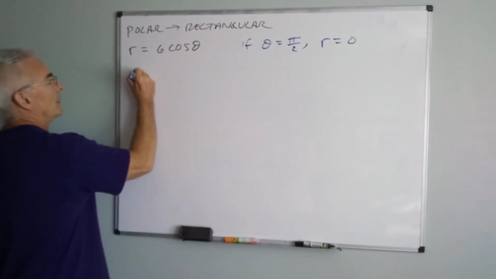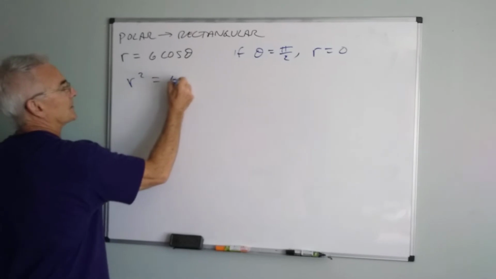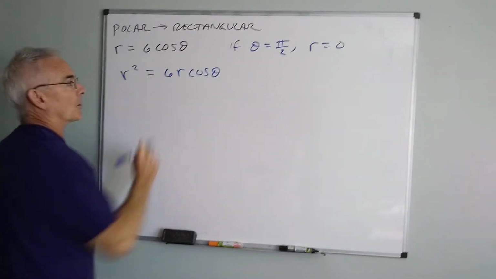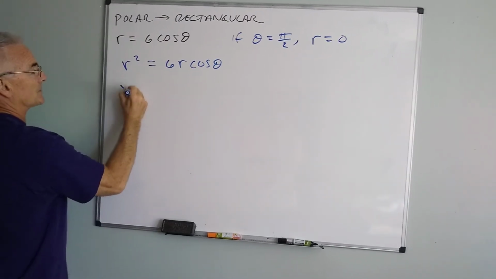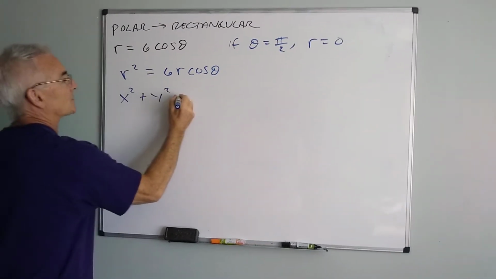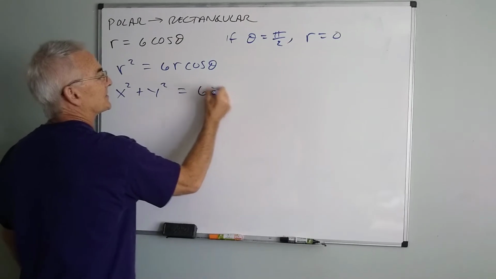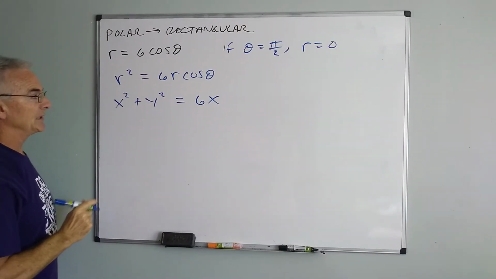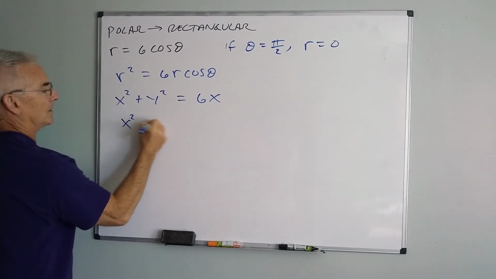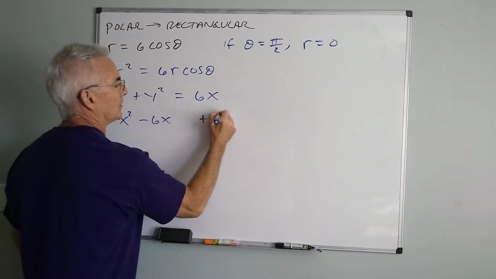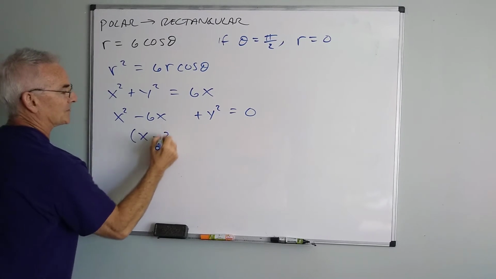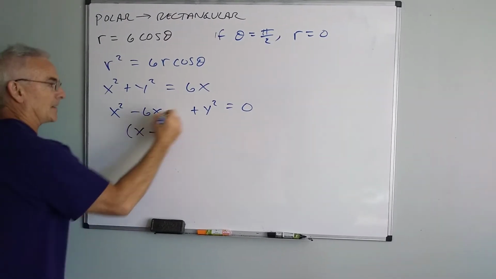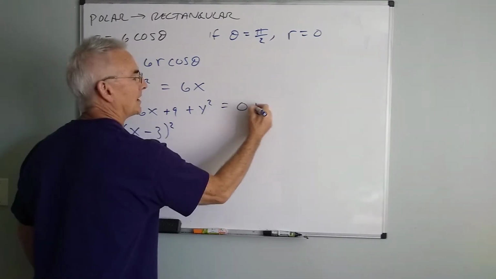In doing so, I'll get r squared equals 6r cos theta, which now makes this simple to substitute. So I would get x squared plus y squared equals 6 times x. And now if we complete the square, we'll get x squared minus 6x plus y squared equals 0. This will be x minus 3 squared, half of that number, so I will add 9 to both sides.